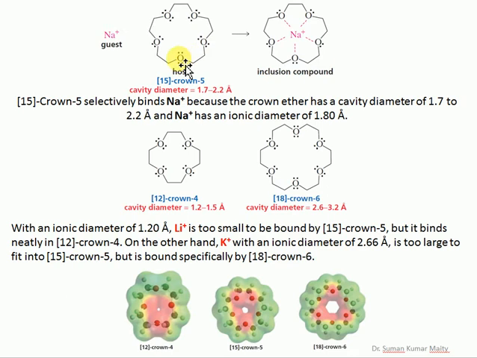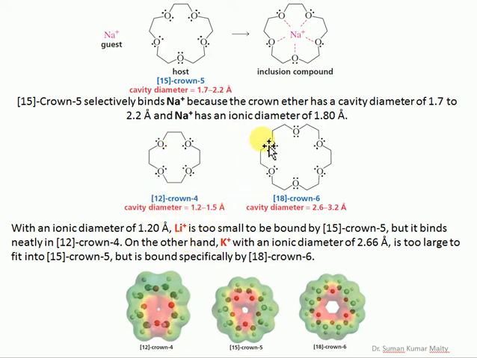So it produces a cavity diameter which ranges from 1.7 to 2.2 angstrom, and this matches nicely with sodium ion as a guest, and it can bind with sodium very efficiently. However, a smaller crown ether such as 12-crown-4 has a cavity diameter of 1.2 to 1.5 angstrom, and it can bind nicely with lithium.